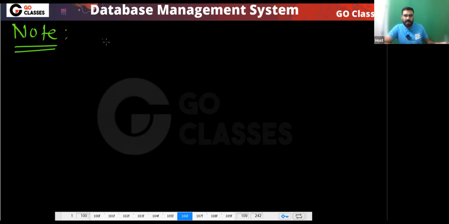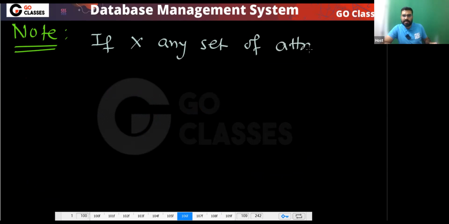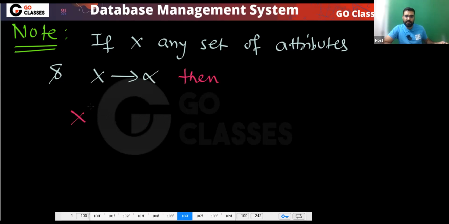If X is any set of attributes or a single attribute, and X determines alpha, then I can write that X closure will be same as X alpha closure, right?